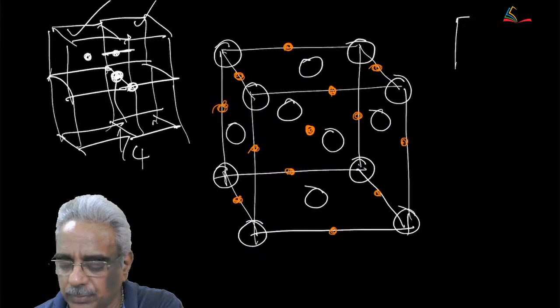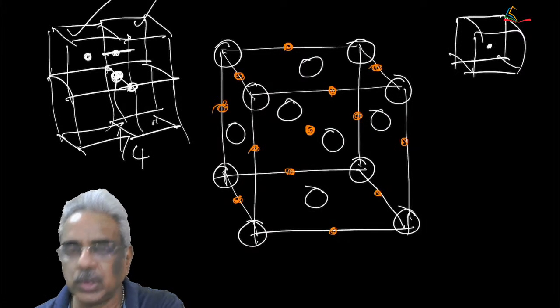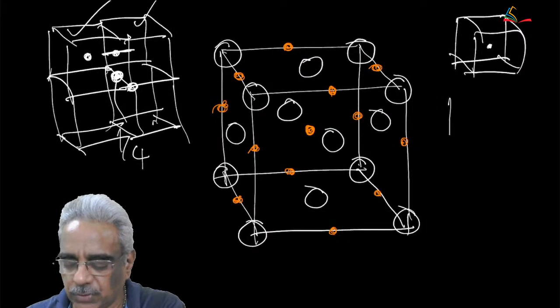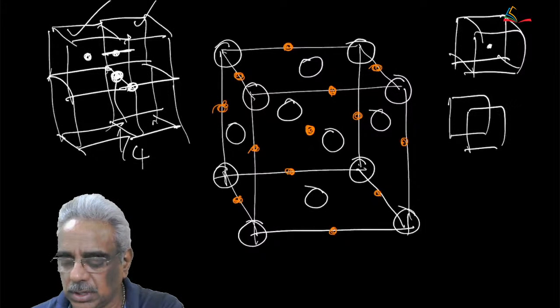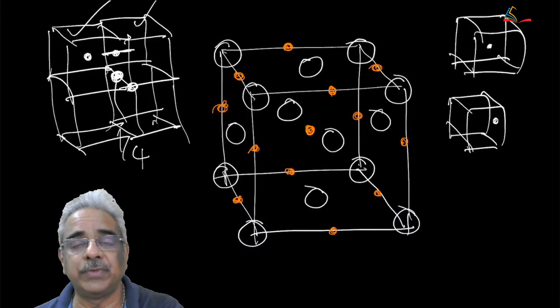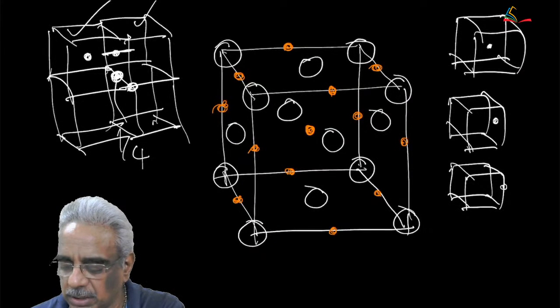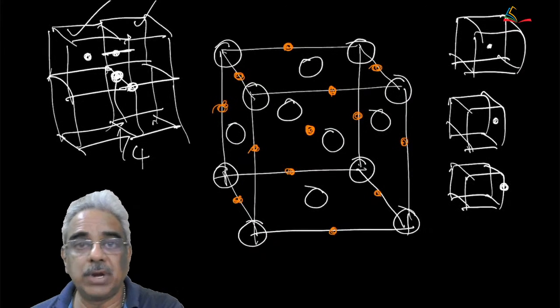So let me tell you one thing. If you have a body ion, you have to count it as 1. If you have a face ion, you have to count it as only half. If you have an edge ion, you have to count it as 1/4.